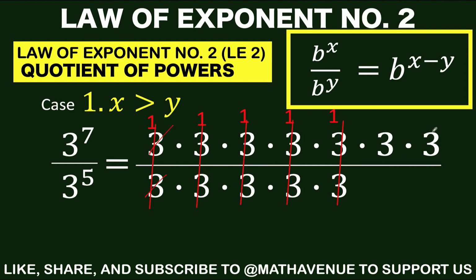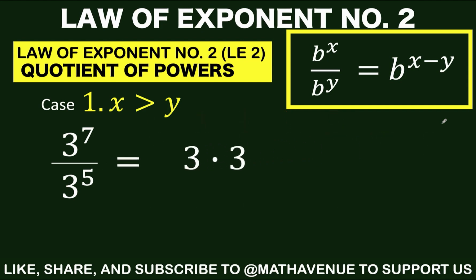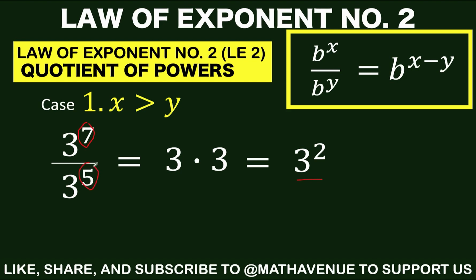And therefore, what's left now would be this 3 times 3, which can be written as 3 squared. So what happened? From 3 to the 7th divided by 3 to the 5th to arrive at 3 to the 2nd, what we did was we subtracted this exponent 7 minus 5 in order to get this exponent 2. So it now looks like that. And that is what we mean by this law of exponent number 2.